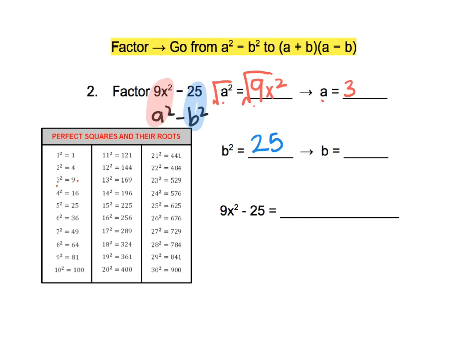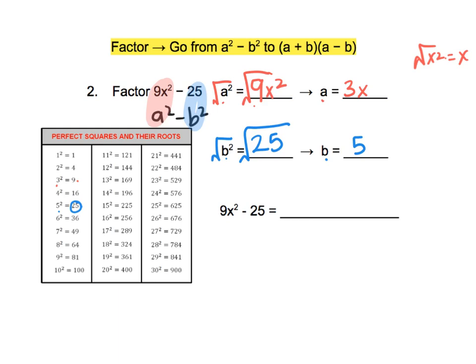And then the square root of x squared is just x. My square root and my little squared cancel each other out. So a is going to be 3x. We're going to do the same thing for b. Take the square root of both sides. The square root of b squared is b. The square root of 25 is going to be 5. Again, if you don't know that off the top of your head, look at your table. 25 goes with 5.